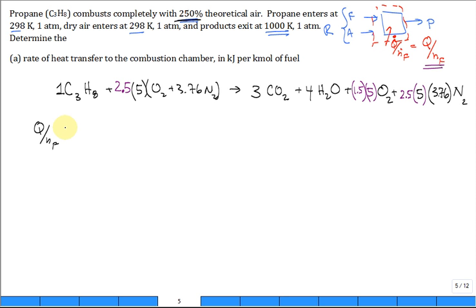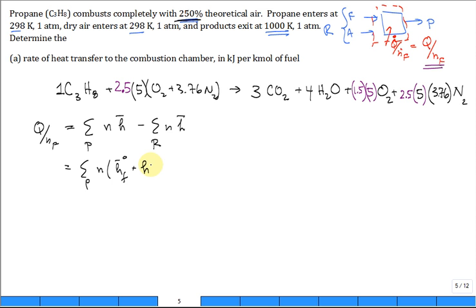And then it's the sum over the products of the coefficient times that enthalpy on a molar basis minus the sum of the coefficients times the enthalpy of the reactants. Well, it's the sum over the products of N times the enthalpy of formation plus any change of the products.